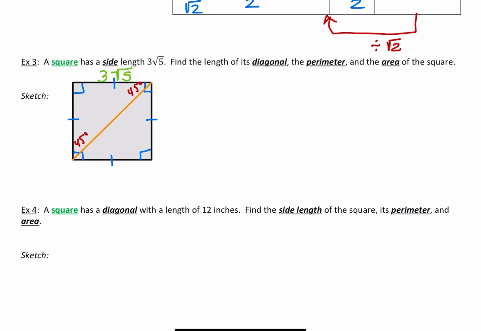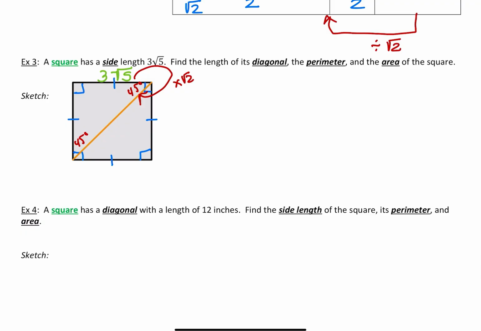Isosceles right triangles will always be 45, 45, 90. So now what we just learned is the ratio of the legs to the hypotenuse. If we know the leg length of a right triangle that is an isosceles right triangle, then you simply multiply by the square root of 2 to get the diagonal.